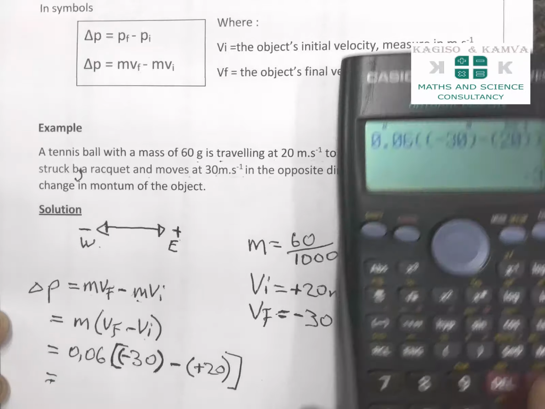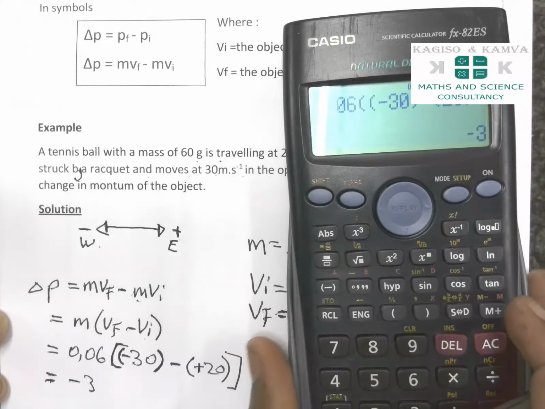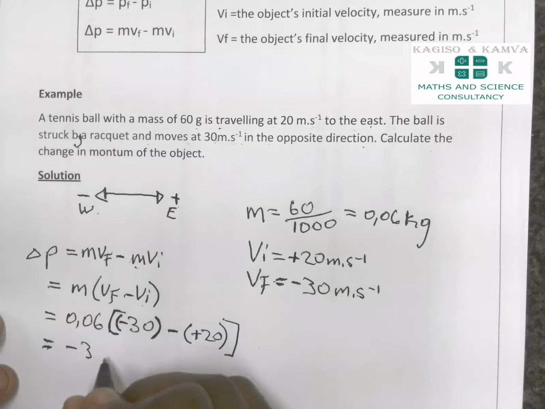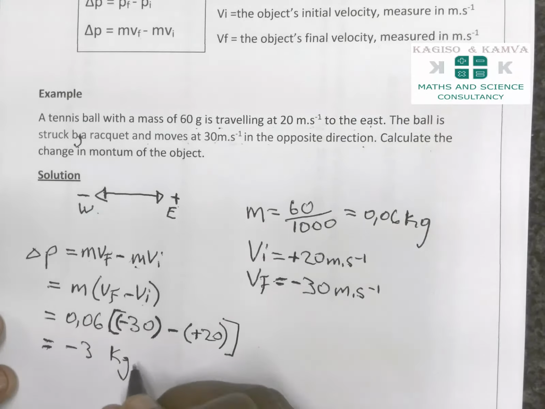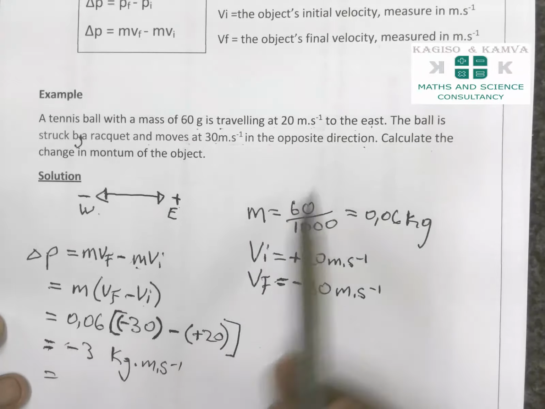We get the change in momentum as negative 3 kilogram meters per second. What does this mean? Negative means the change in momentum is in the opposite direction.